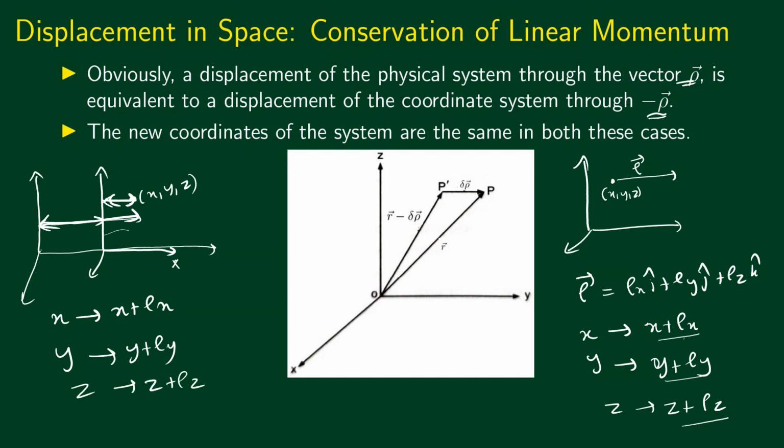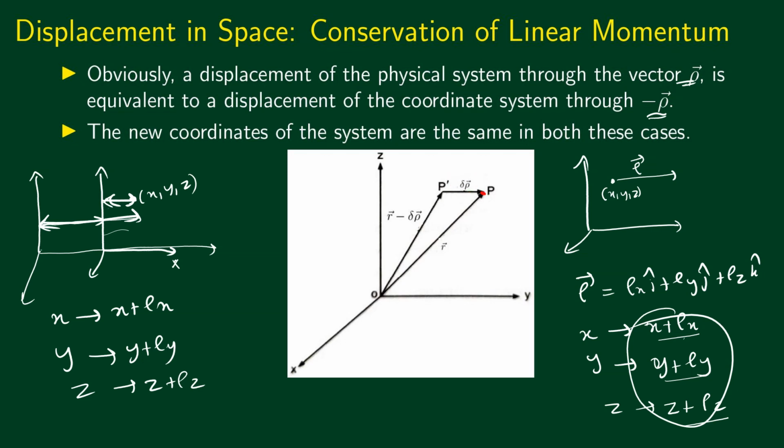We see that both in the active case and in the passive case, the new coordinates of the physical system are exactly the same. This picture shows the active viewpoint translation. Right here, the system has changed from the point P prime to the point P by a displacement delta rho vector. Right. So this is how we label the points.